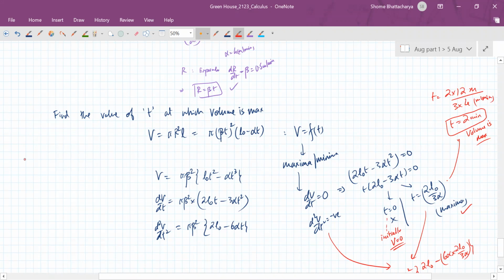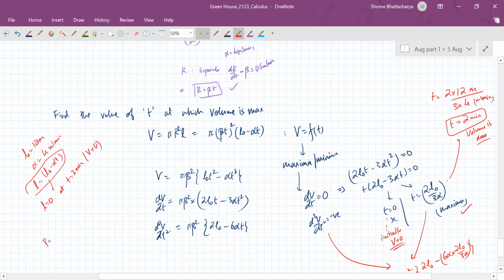The initial length was 12 meters, and alpha was 4 meters per minute. So L naught minus alpha t, after a matter of 3 minutes, the volume has become 0 because L has become 0. So L becomes 0 at t equal to 3 minutes, and that is when the volume again becomes 0.